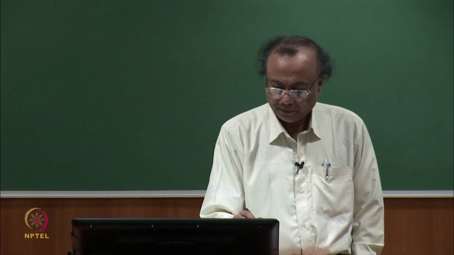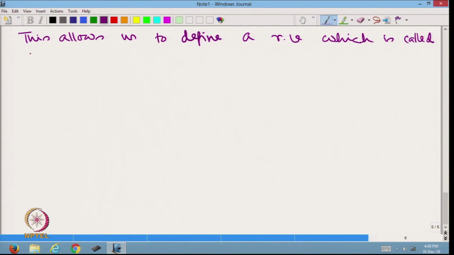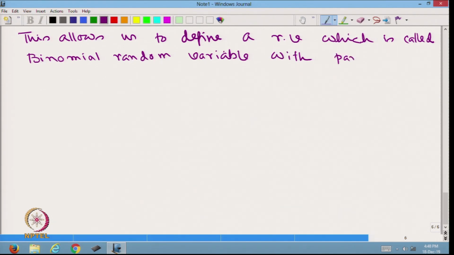This allows us to define a random variable which is called a binomial random variable with parameter p.